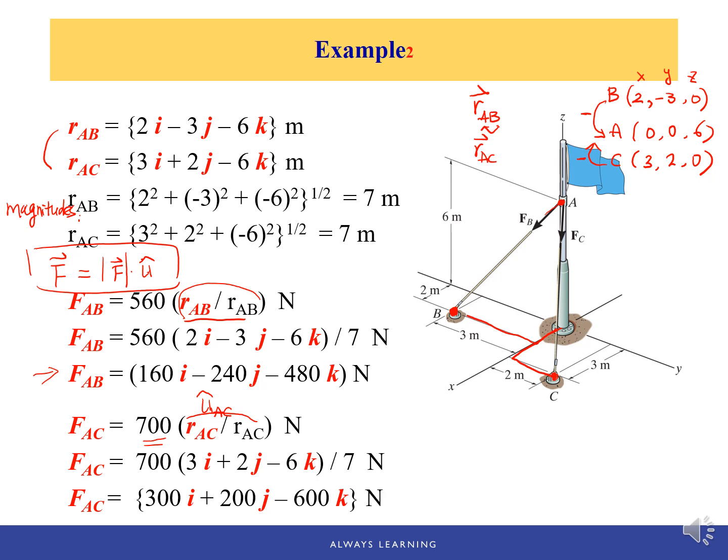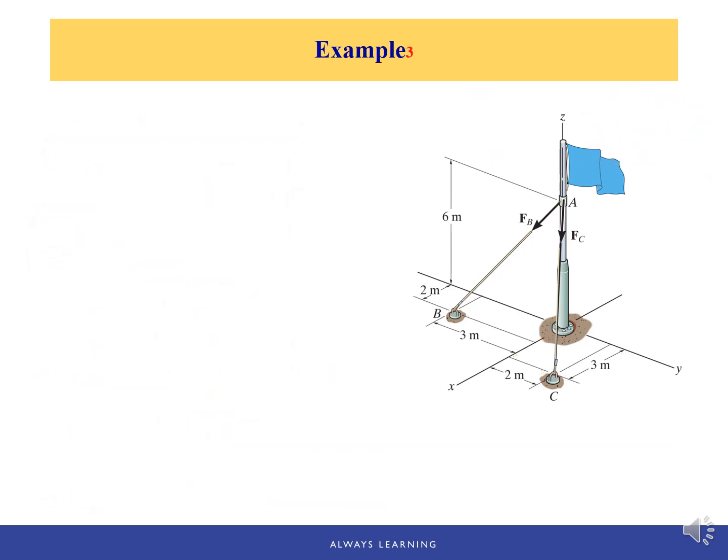Magnitude times the direction will give you the force vector FAC. Okay, with both forces written in components format, we can add corresponding components together to have the resultant force expressed in Cartesian format or component format, IJK format.